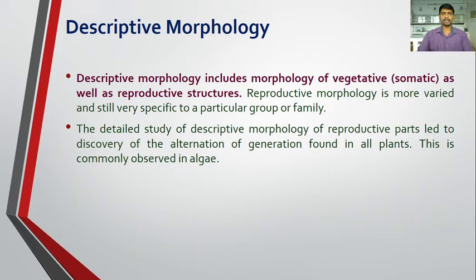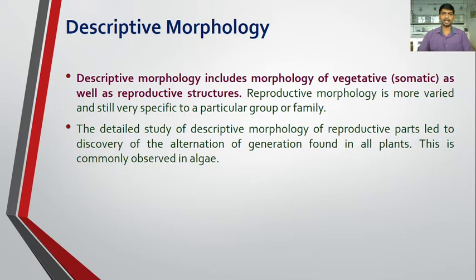Descriptive morphology includes morphology of vegetative as well as reproductive structures. Vegetative structures consist of root, stem and leaf, while the reproductive structures are the inflorescence and flower. Flower consists of calyx, corolla, androecium and gynoecium.